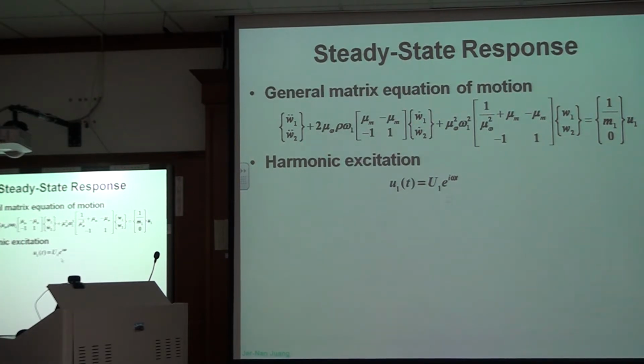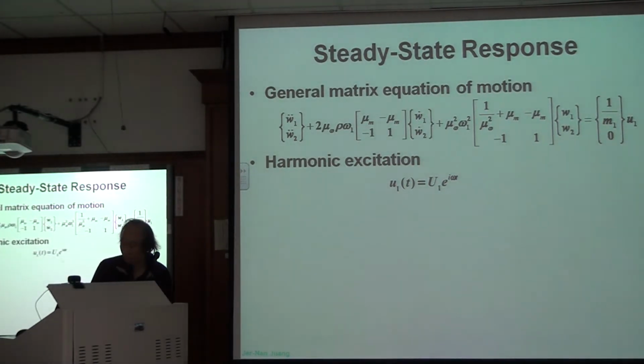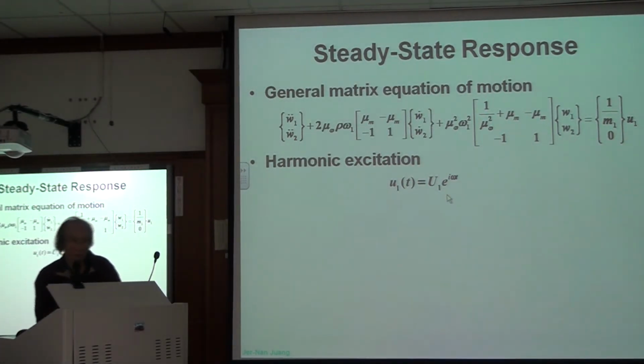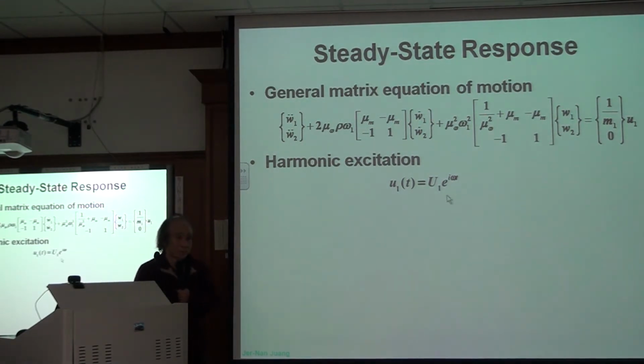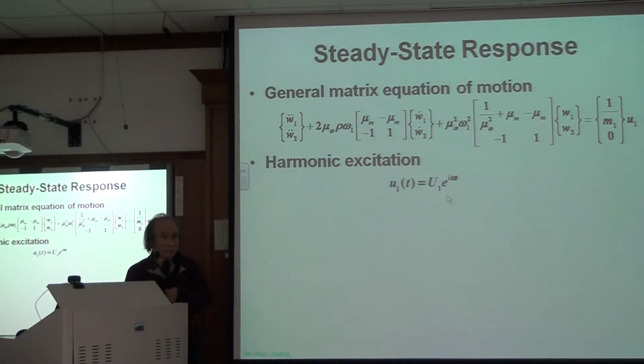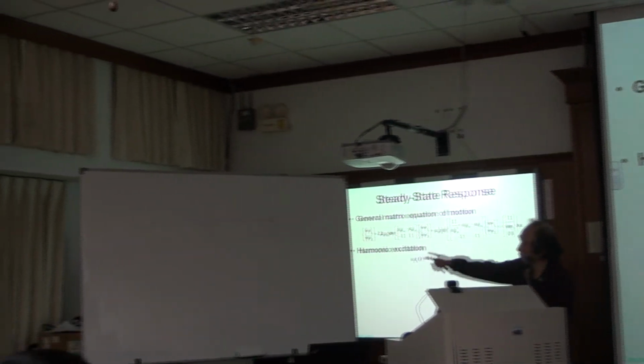Now, my question is, do we really have this kind of input? Yes? No? And why do I use e^{iωt}?